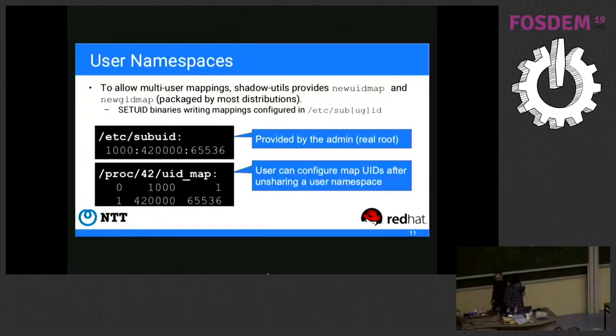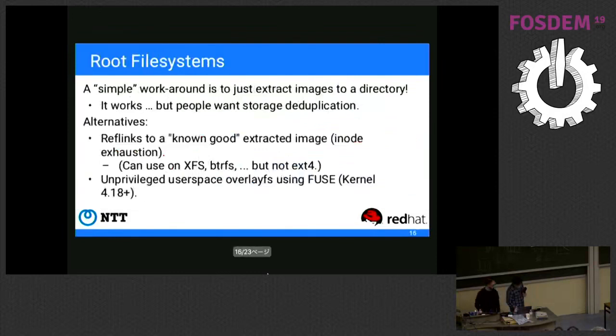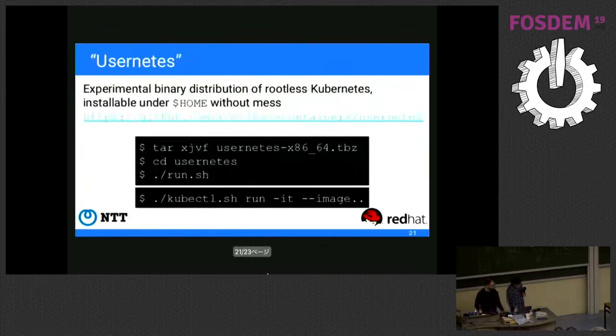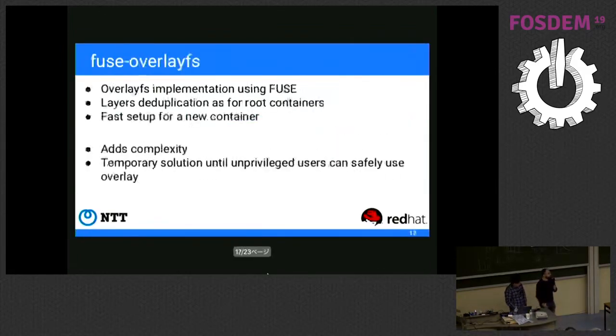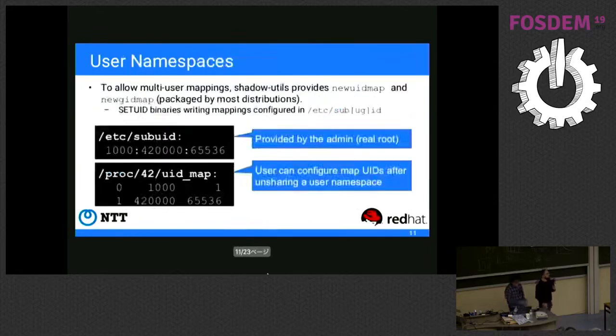If this file is configured, you don't need any sudo. You just unpack the archive as an unprivileged user, and you can just run the cluster as an unprivileged user. I want to add one thing. We tried really hard to not require any root privilege for running Kubernetes. The only exception is, as I showed before, setting up multiple IDs, and this is something an unprivileged user can't do. So that's the only case where we require a setuid binary.